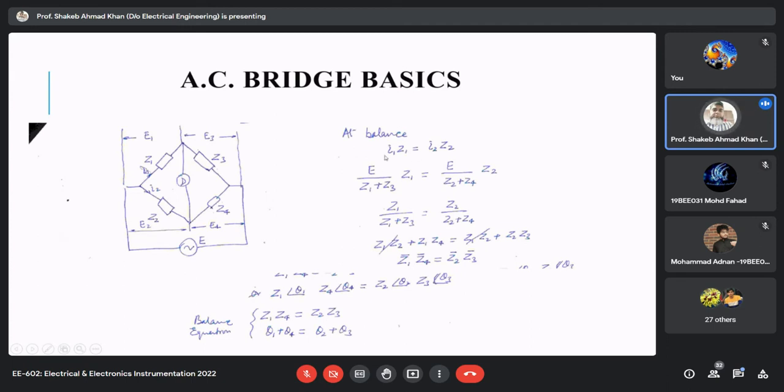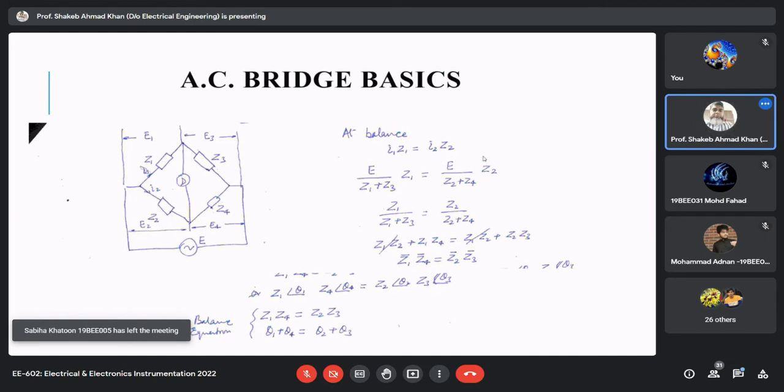Every side of the equation will have two parts. It will have a real part and an imaginary part, if we are working in the rectangular representation domain. And if we are representing them in the polar form, then obviously we'll have the amplitude part and the angle part.